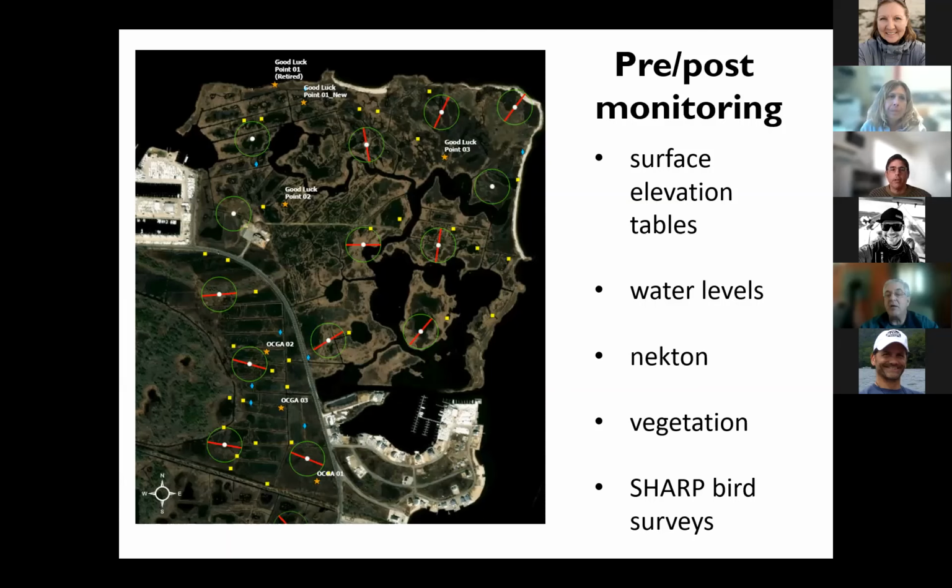I won't be able to get to all of it today, but it's part of that monitoring plan that Genevieve mentioned. We've got our project area that we've already identified, bounded by that road, and then the control site just outside the road.